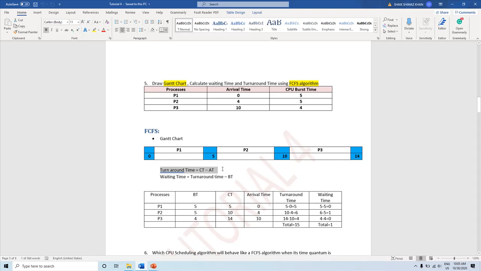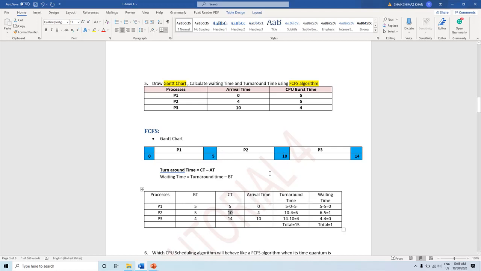First, let's calculate the turnaround time. The turnaround time is equal to completion time minus arrival time, AT arrival time, CT completion time. So for process P1, the completion time is 5, and process 2, the completion time is 10.